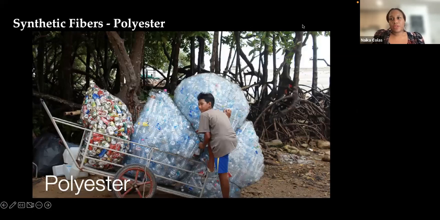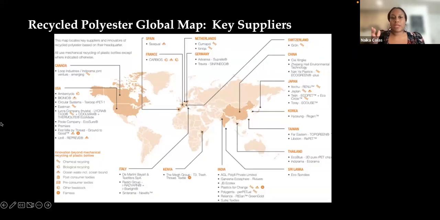And then there are your synthetic fibers, which would be your polyester. Synthetic polyester is made using plastic fibers, but it's not recycled plastic unless it's recycled polyester. So here's another map of different countries that are actually producing recycled polyester.